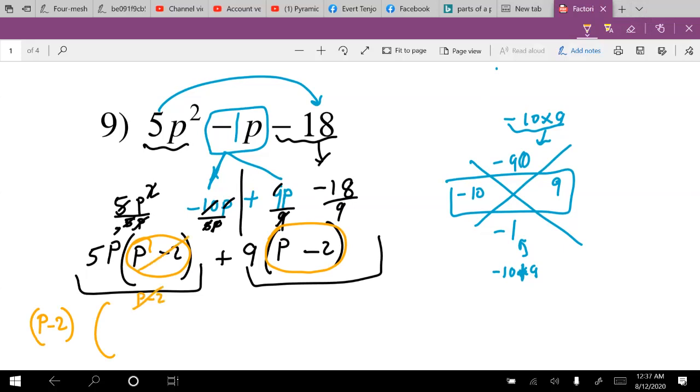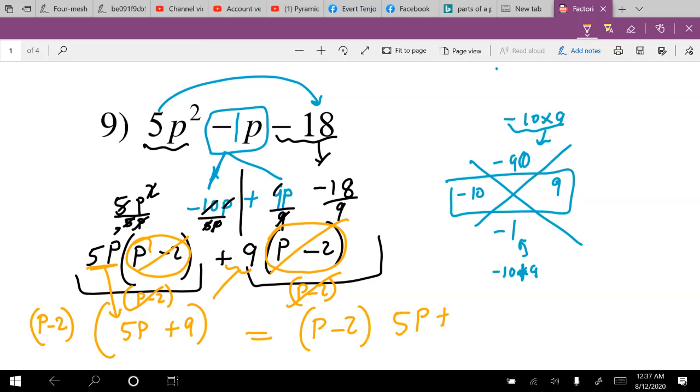That cancels this. We're left with 5p. We're going to divide the other term by p minus 2. It cancels that, and we're left with plus 9. So the answer is p minus 2, 5p plus 9.